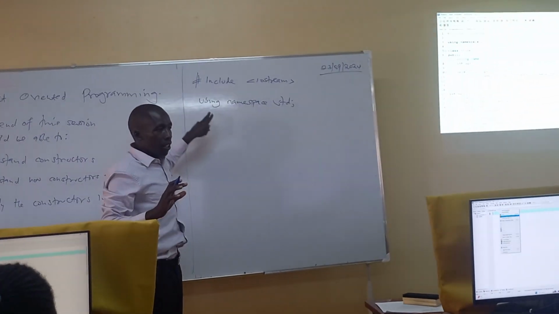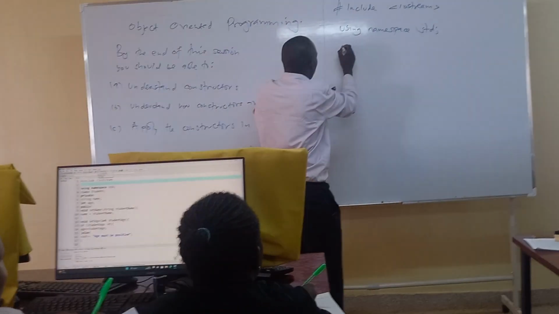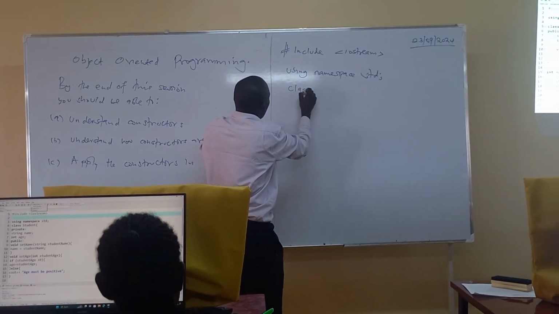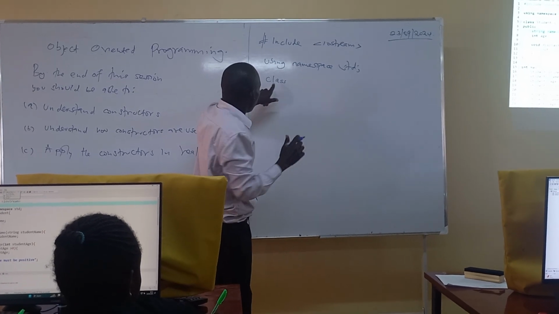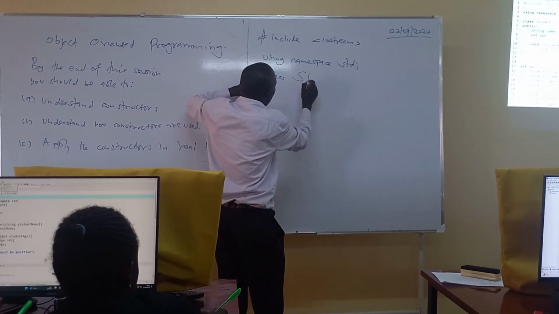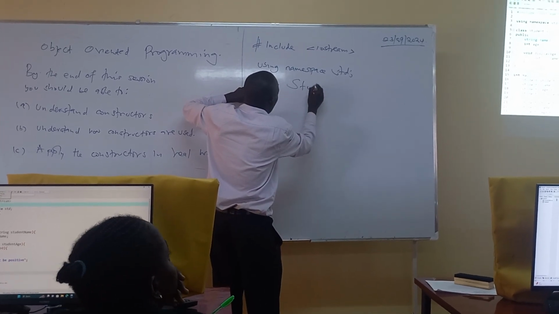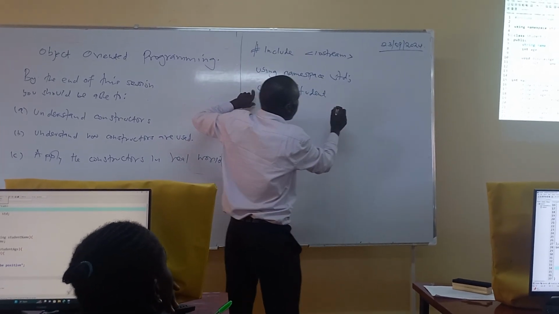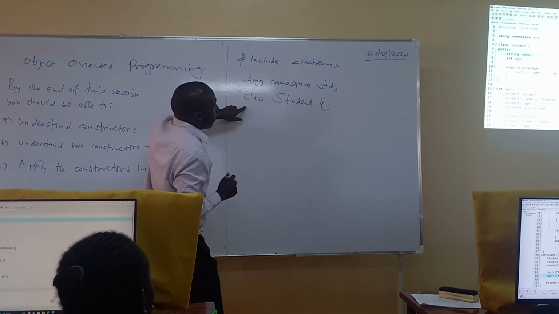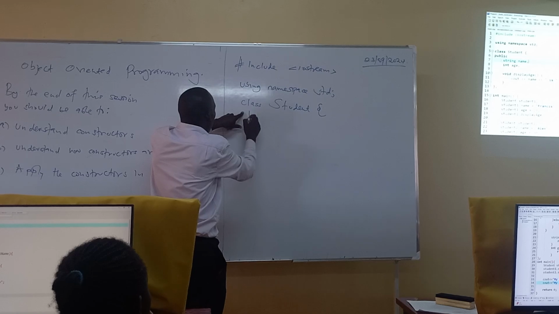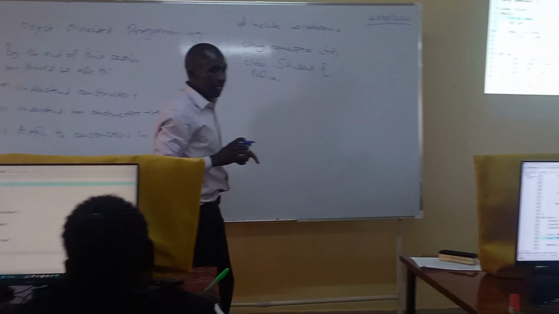After that, we write a class. Very nice. So a class begins with the class keyword, and then our class name is Student. Right? And then open a curly bracket. Let me ask you a question.